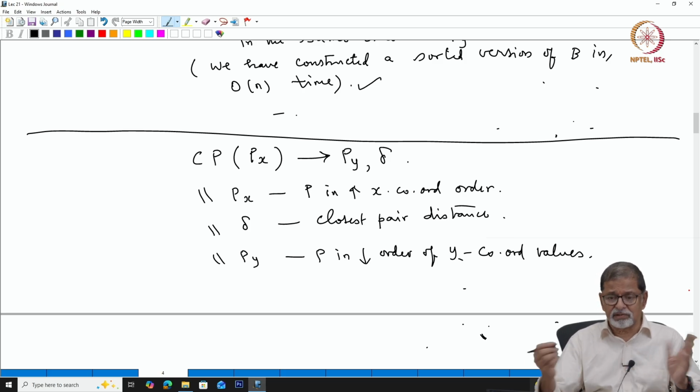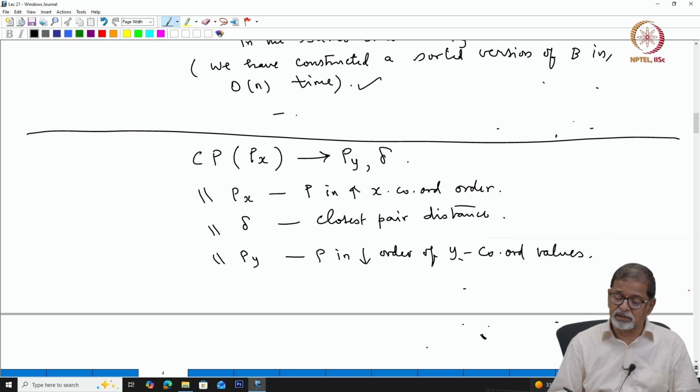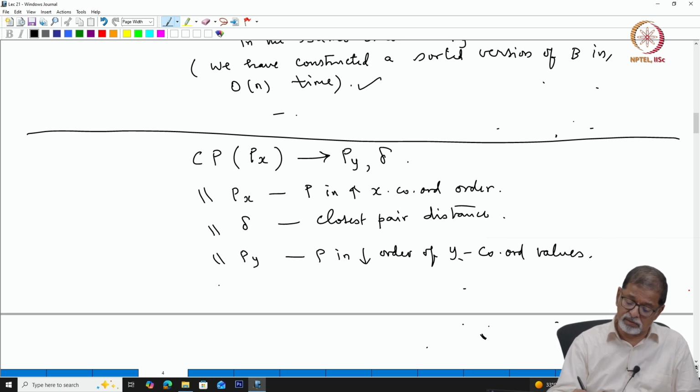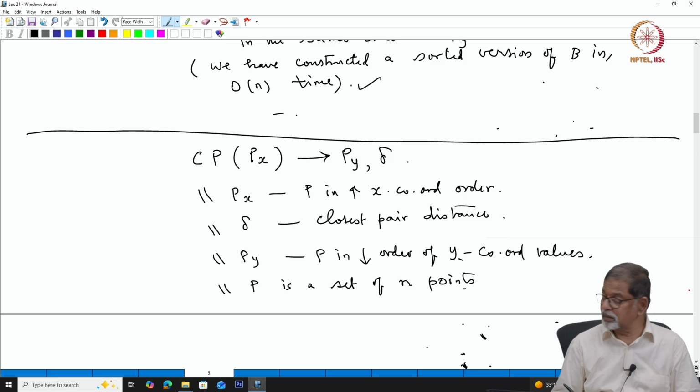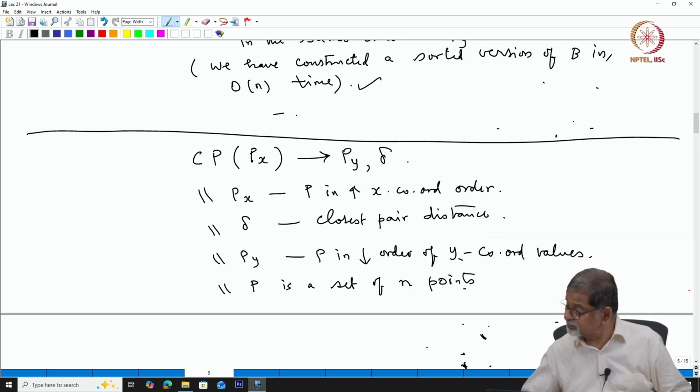Now we can straight away start, and P is a set of n points. This is the set of n input points.